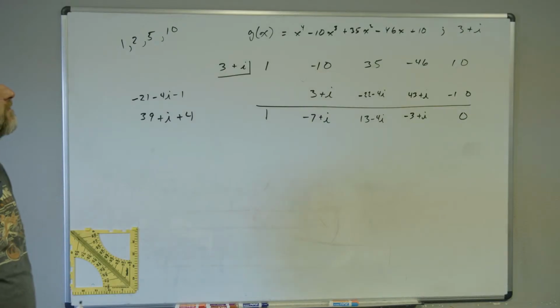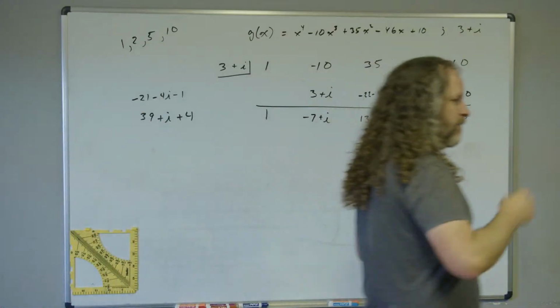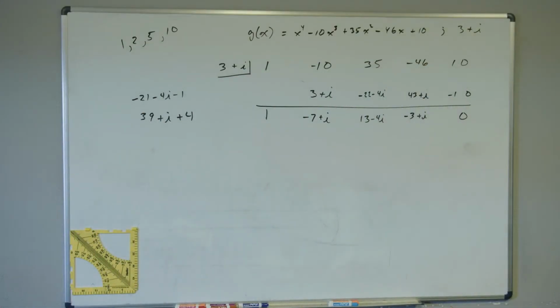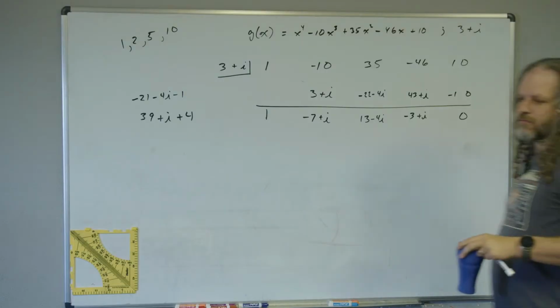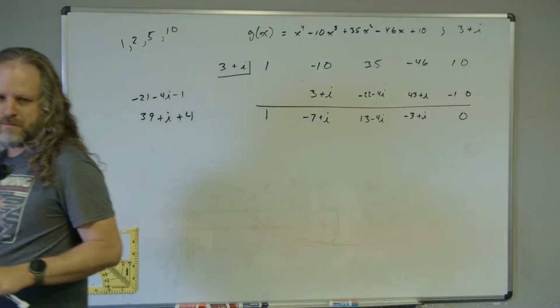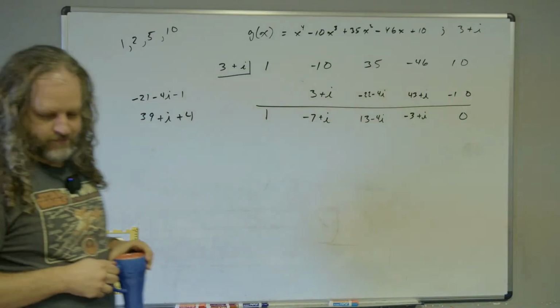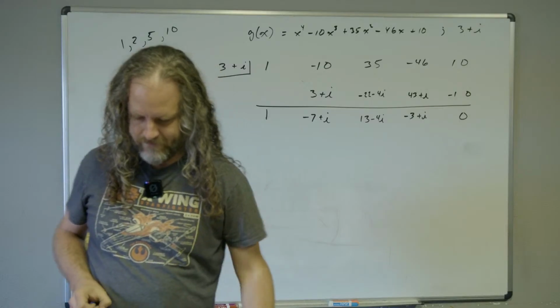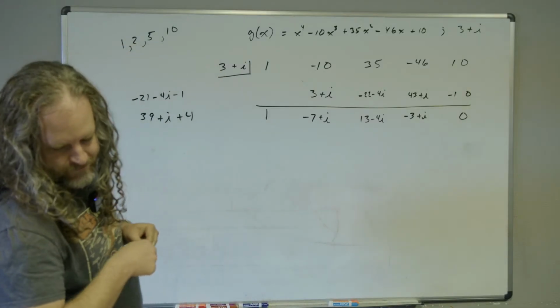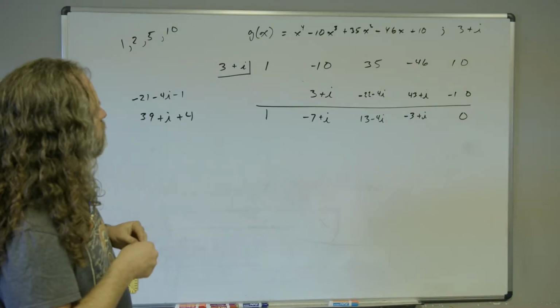Let's not use our factored form for the next one. Okay, so we not only have one zero, we have two. How do we have two? Oh, because it's plus and minus i, right?